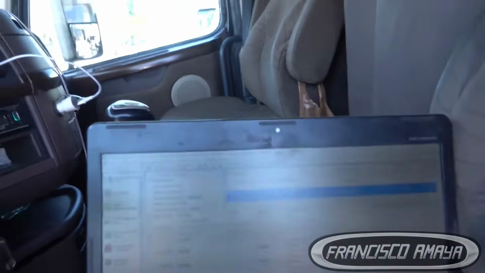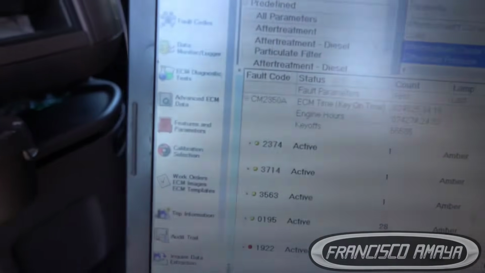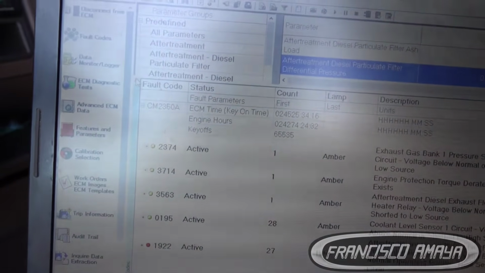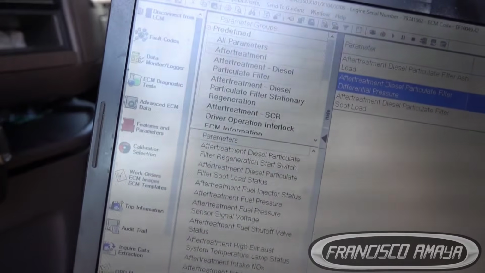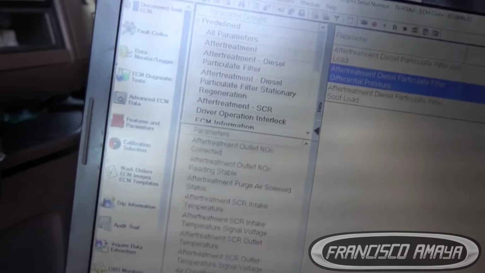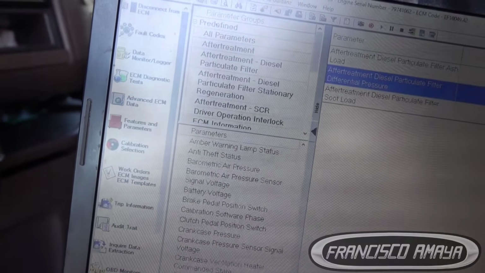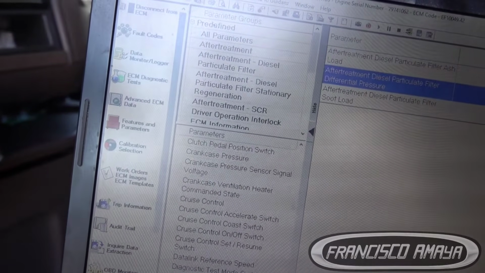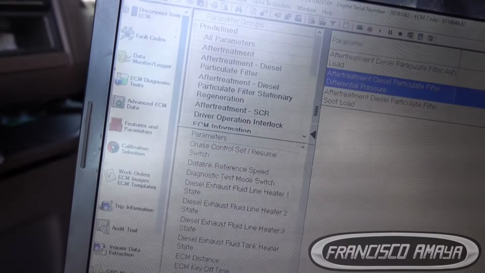All right, so let's get rid of this screen right here, and let's look for the exhaust pressure sensor. I think it goes for that.